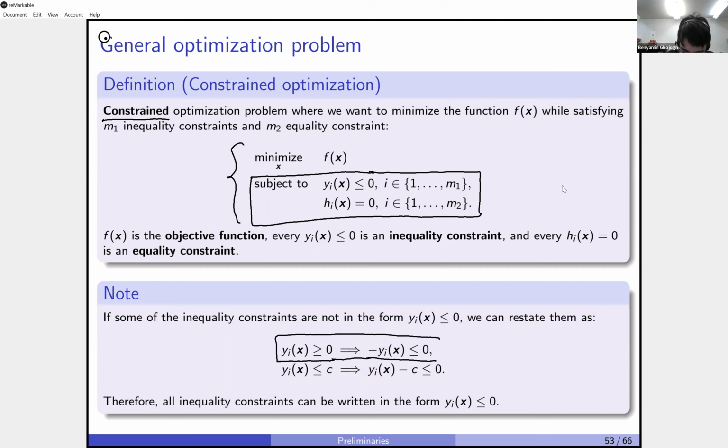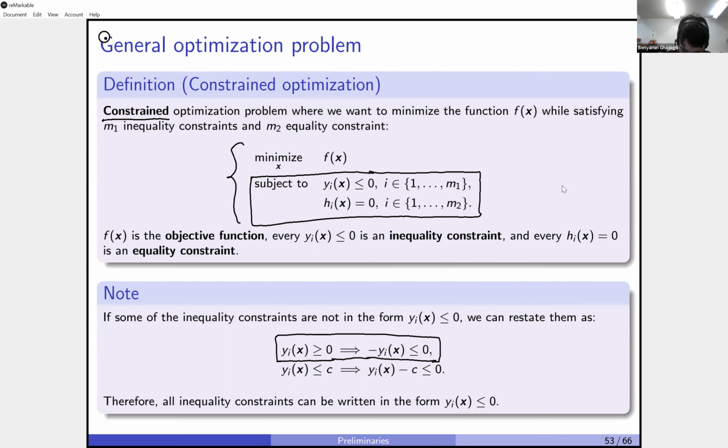Greater than or equal to 0 can be converted to less than or equal to 0, and vice versa, by multiplying both sides by -1, because it will flip the sign of the inequality, right?